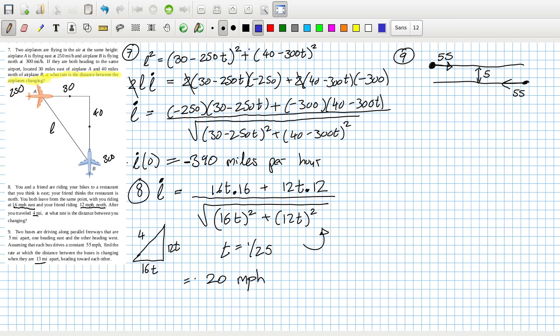Is the 13 going to be this? Or do they mean this? Because just kind of how you would use English, if I said the buses were 13 miles apart, I kind of mean the road length, not the diagonal. Fortunately, it's an odd question, so I can know if I'm right by checking the answer at the back.